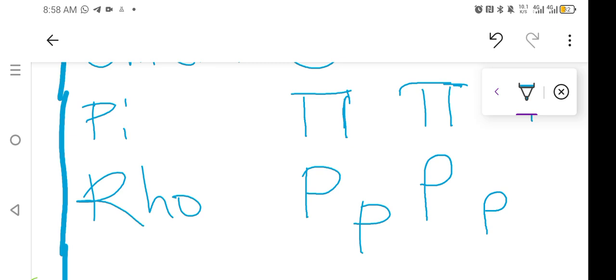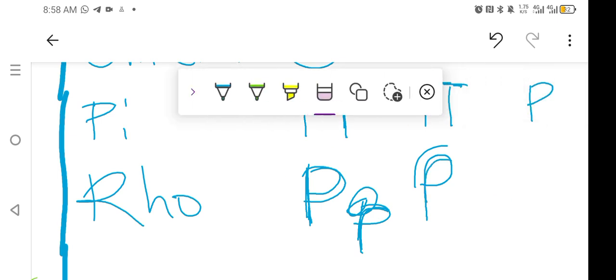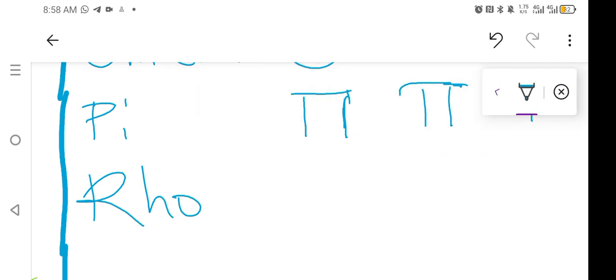Then the lowercase is smoothened, with that curve like you're seeing here. So for the uppercase, here is straight, and then the curve for the P. In the lowercase, the curve up there is not straight. That is equivalent to the English letter P. So I mean English letter R.